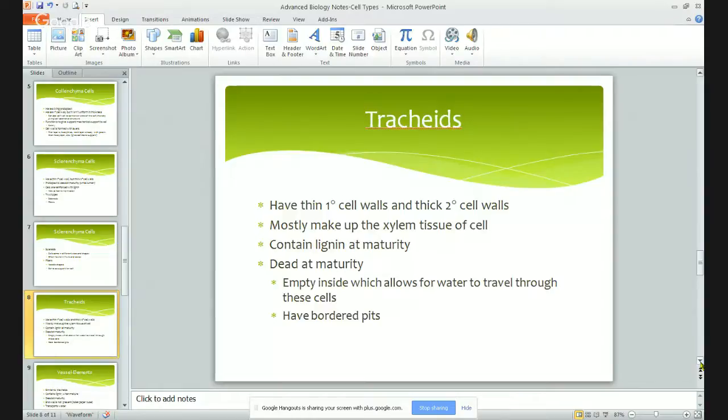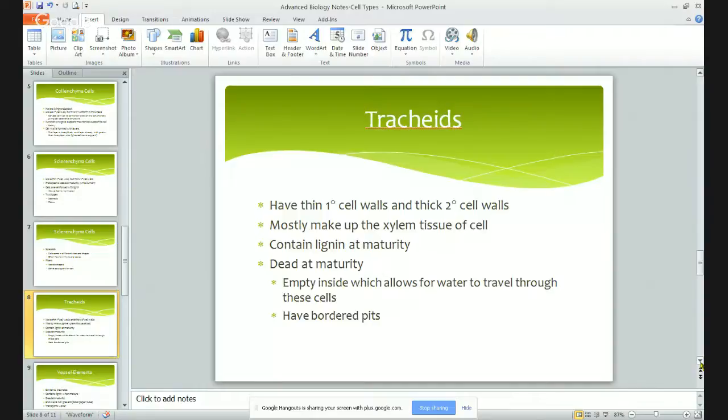And you can see that in the doodle that I have there. And then up and down these tracheids, you're also going to have these little holes. It's like what we talked about yesterday, I believe it was. I filmed these out of order, so I think it was yesterday, about the pits.